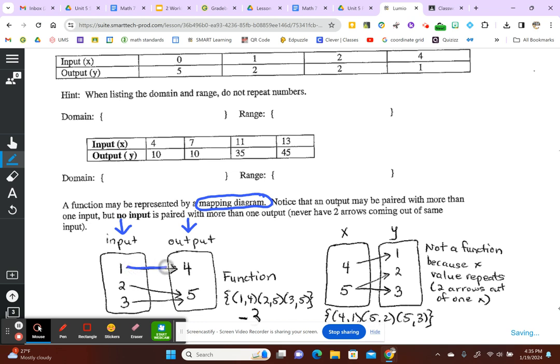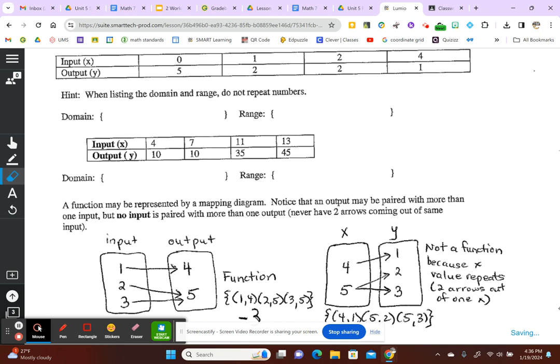And it shows that this particular input matches to this particular output. This 2 matches to the 5. So this input, you only get one output, and it's 5. And for 3, you only get one output, but it's also 5. And that's okay. It's okay if the outputs repeat. You just don't want the inputs.